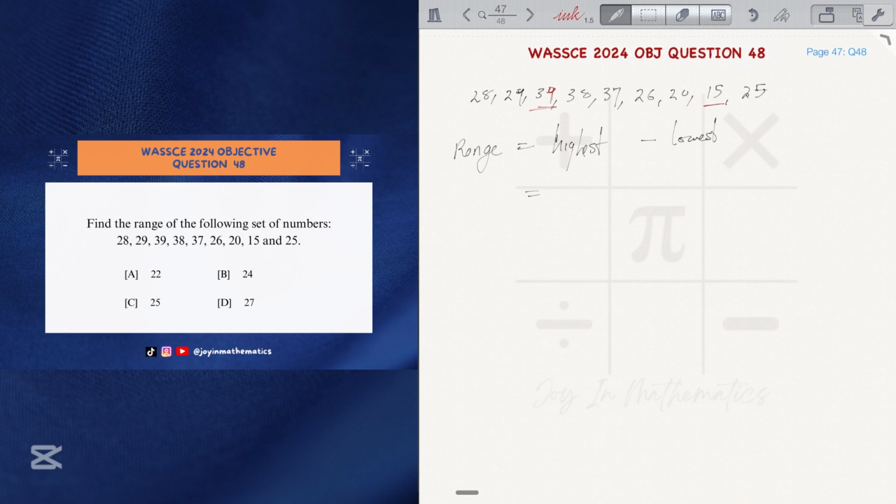So we can simply evaluate our range to give us 39 minus 15. 39 minus 15 is 24, and this is equivalent to option B. So all we need to understand is that the range of a data set is equal to the highest minus the lowest.